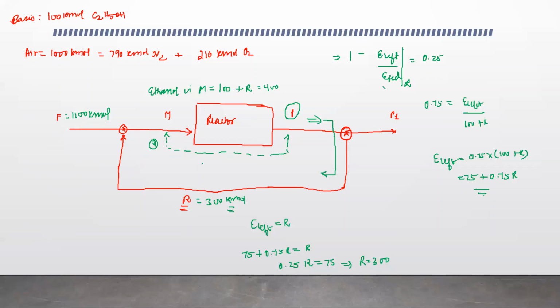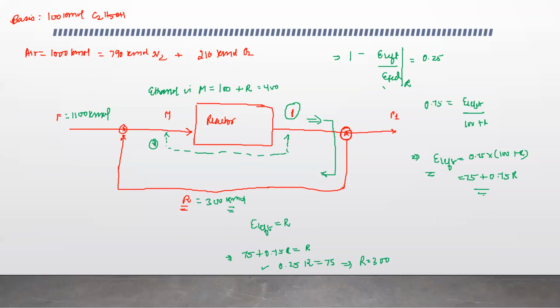So ethanol in mixed feed would be 100 plus R. After that, since the per pass conversion was given to be 25%, we found out the ethanol that is left, which is 0.75 into 100 plus R. So all the left ethanol is sent back into the recycle. Therefore, we have 75 plus 0.75 R is equal to R. Whatever was left is sent back.